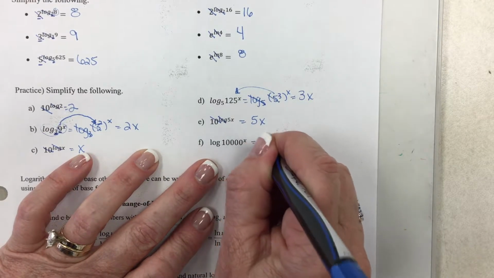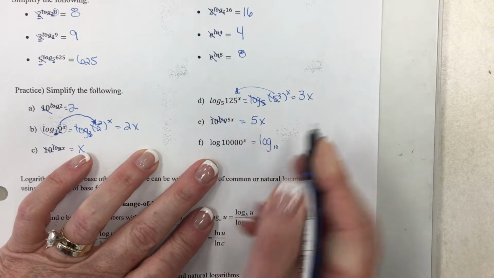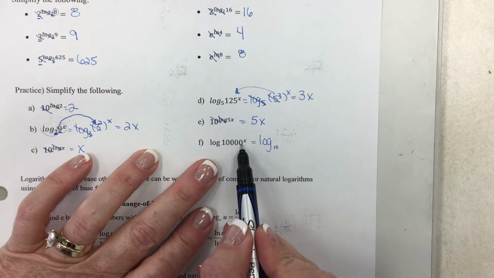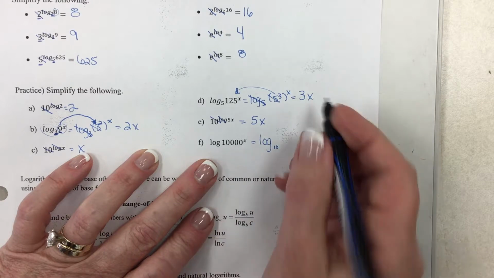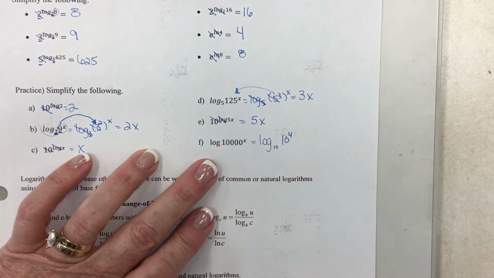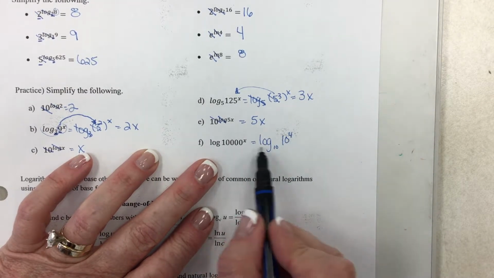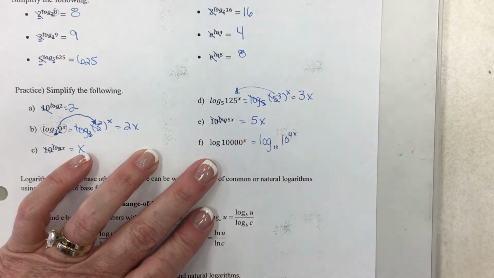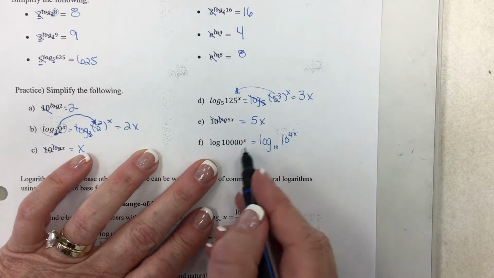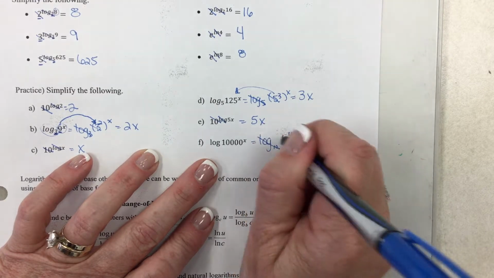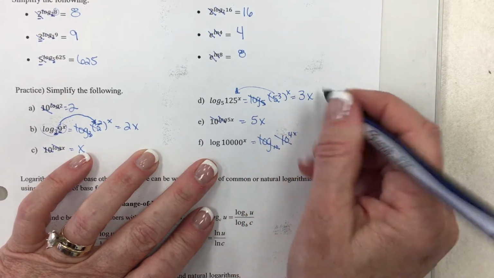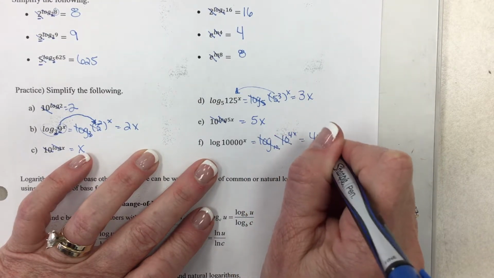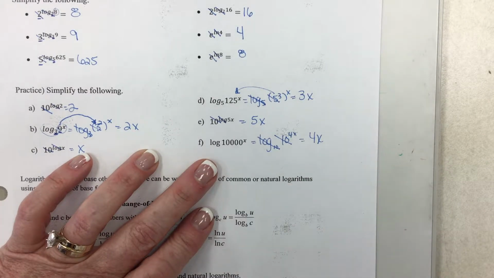Quick math, if you count your zeros, how many zeros do I have? 4. That's the exponent with a base of 10, always, as long as it's all zeros. And I keep the x. So the log and the base of the exponent cancel out, and I'm left with 4x.